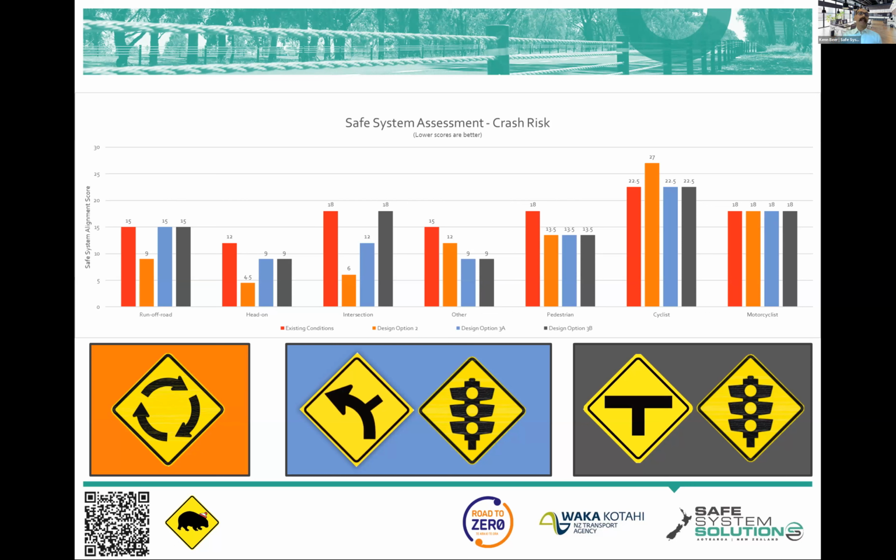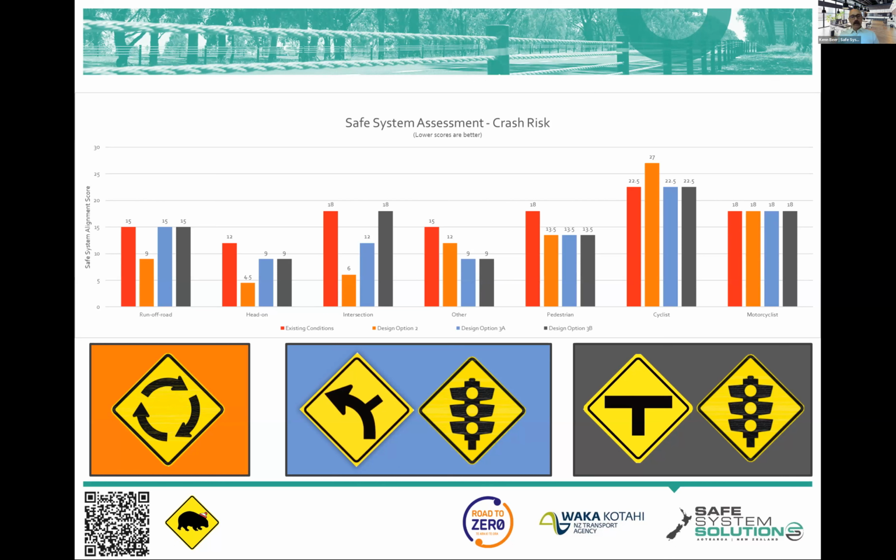this is kind of the end product, or part of the end product, of the first part of a safe system audit, which is the sort of safe system assessment. You're getting a general idea of how well the project you're looking at aligns with safe system principles.